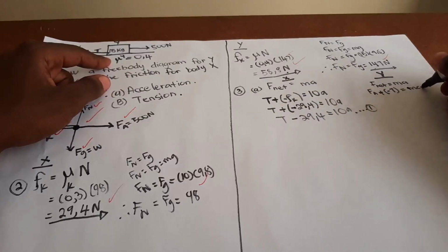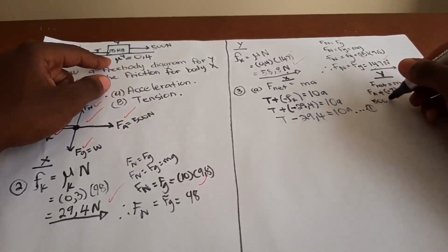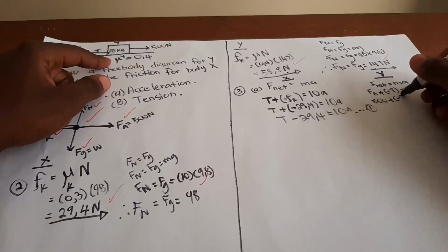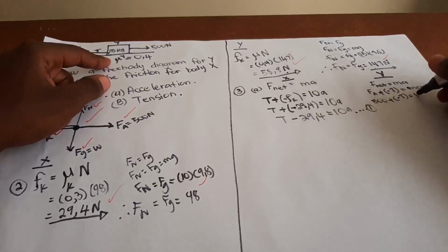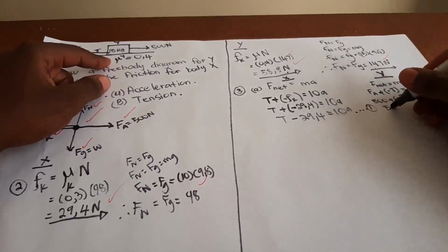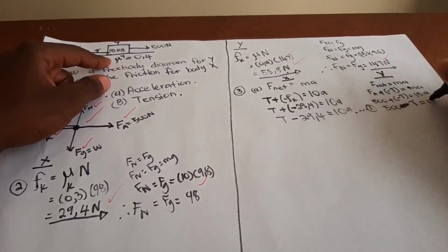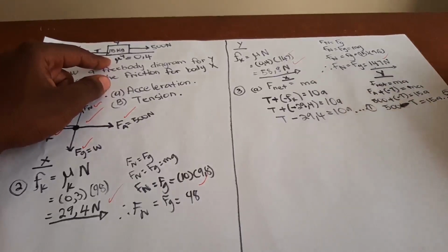So it's equal to our MA. Our applied force is 500 plus negative T, our tension, and our mass is 15 multiplied by A. So this becomes 500 minus T is equal to 15A. This becomes our second equation.